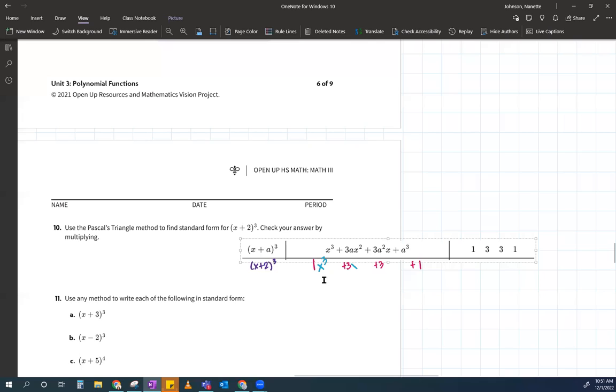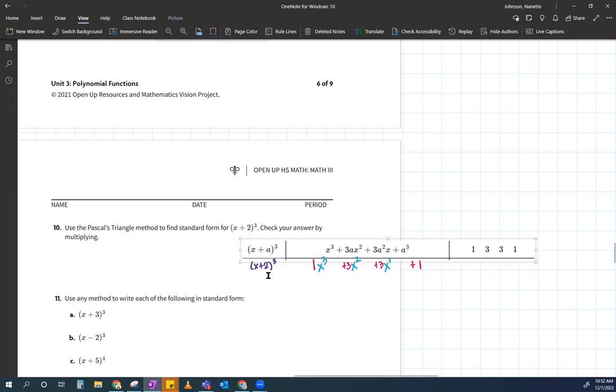So it's x to the third, x squared, x to the first, and x to the 0. But I'm not going to write it because we all know that x to the 0 is just 1. Is everybody okay with this? Very good.